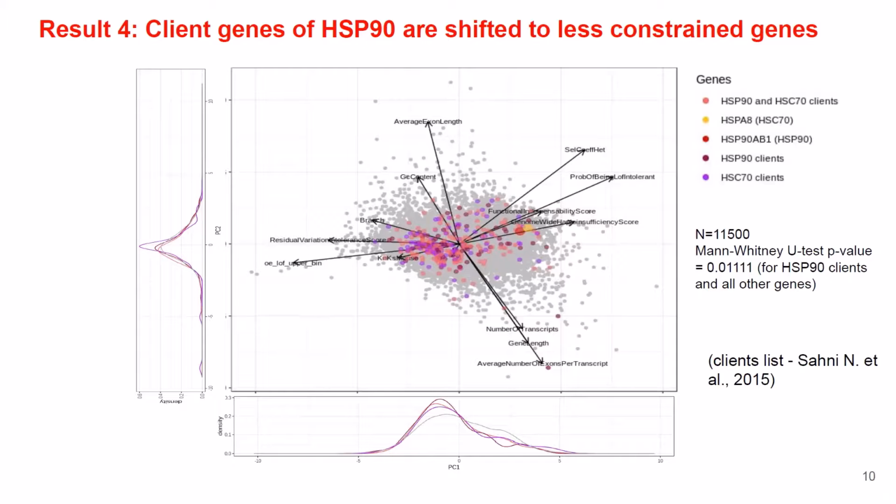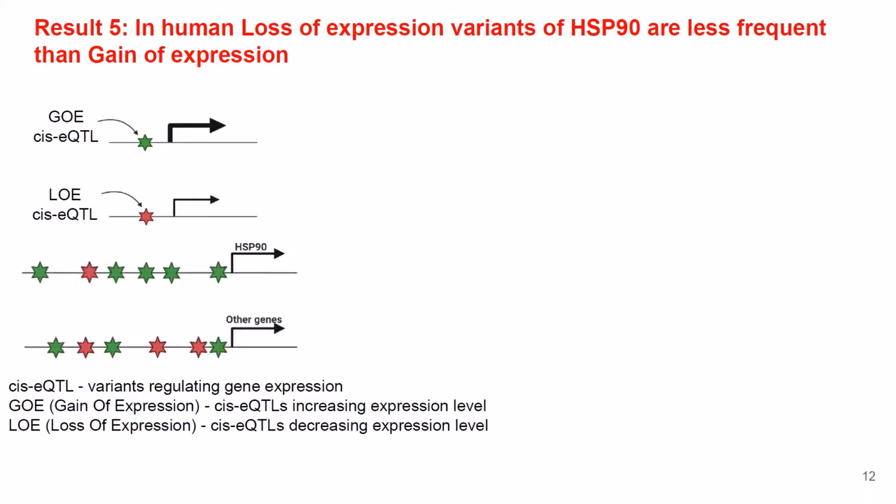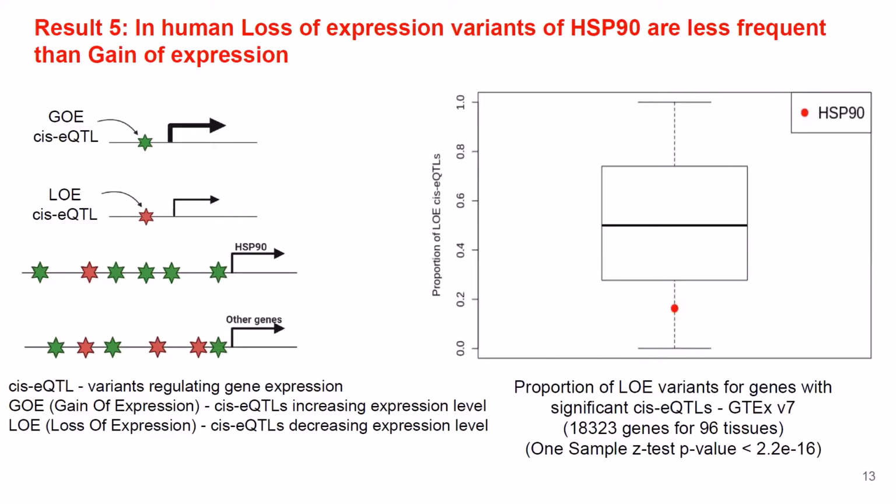of less constrained genes. Next, we expect that loss of expression of HSP90 should be more deleterious than gain of its expression. And so we expect that HSP90 should have a deficit of regulatory variants that decrease its level of expression. To check this, we analyzed data about these regulatory variants from GTEx.